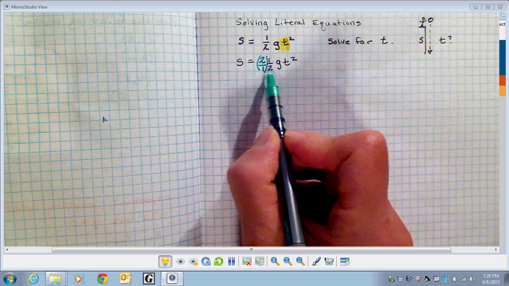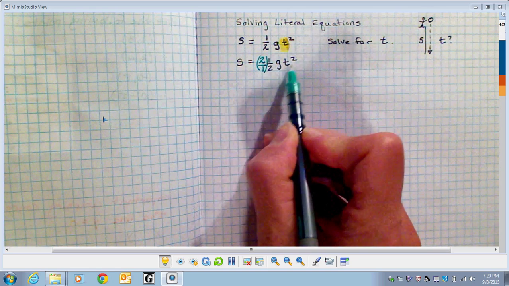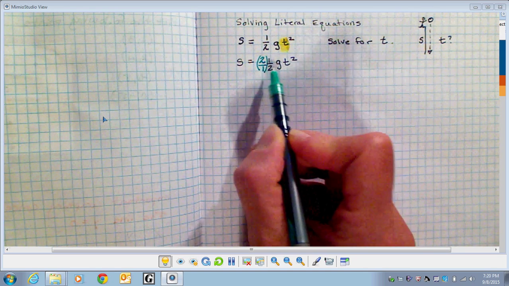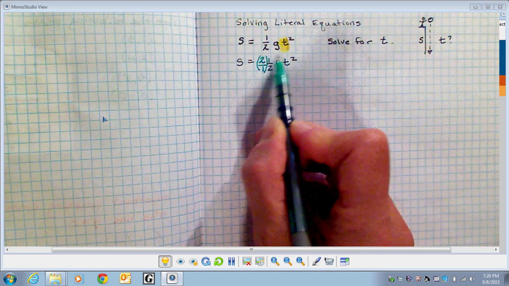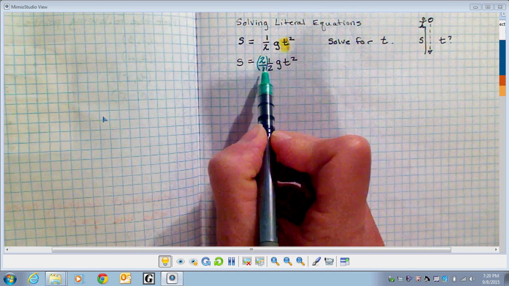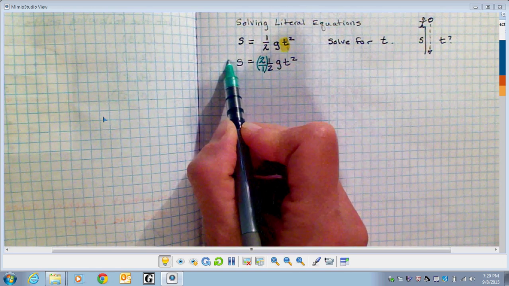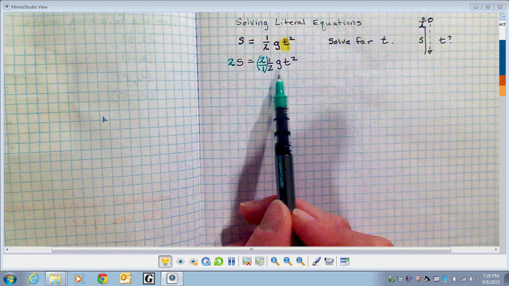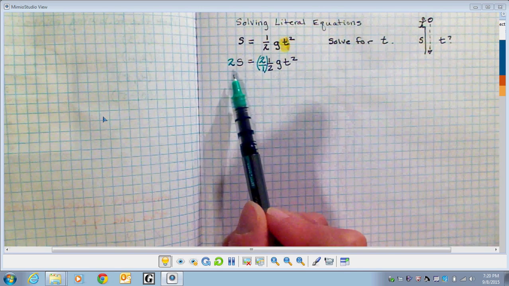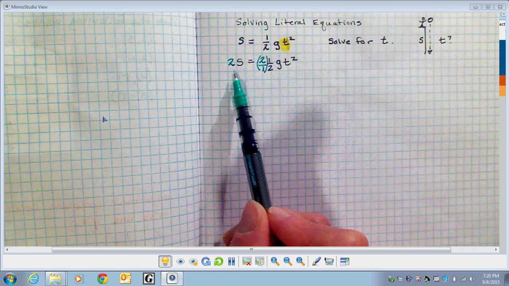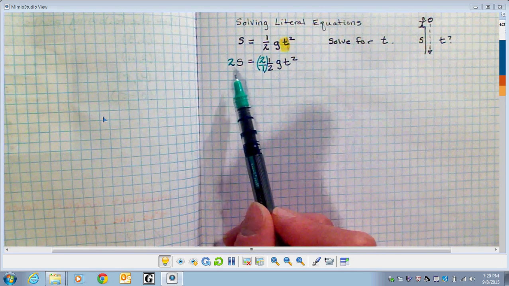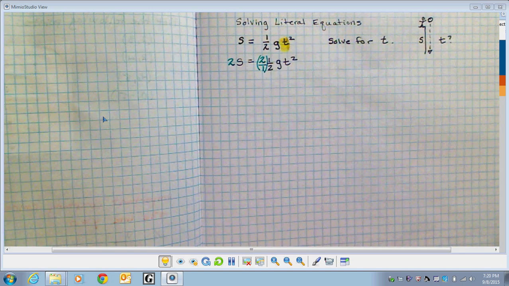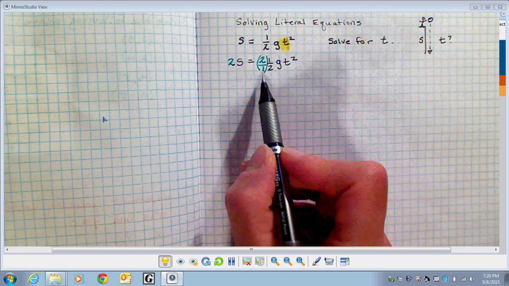So remember, there's no addition or subtraction going on here. This is one term, so I'm just doubling that one term. So what I do to one side of the equation, I have to do to the other to keep it balanced. So if I double the right side of my equation, I have to double everything on the left side of my equation. Fortunately, I only have one thing there to double. So what happens here?